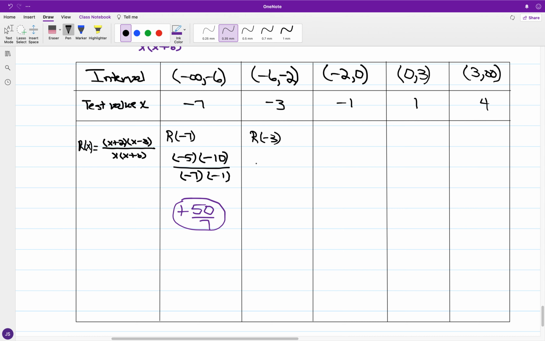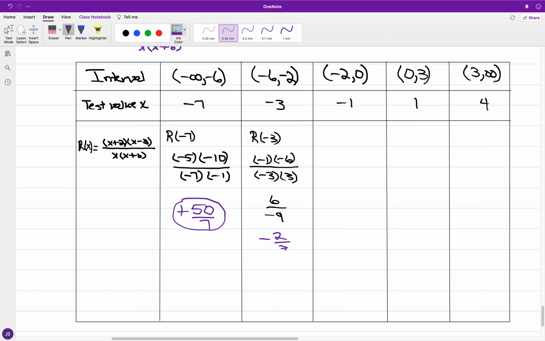For r of -3, you got -3 plus 2 is -1. -3 minus 3 is -6. We've got -3. -3 plus 6 is 3. So we have 6 over -9, and that would reduce, but reduction is not critical, just get the sign value.